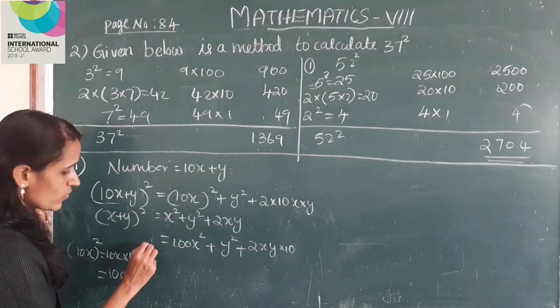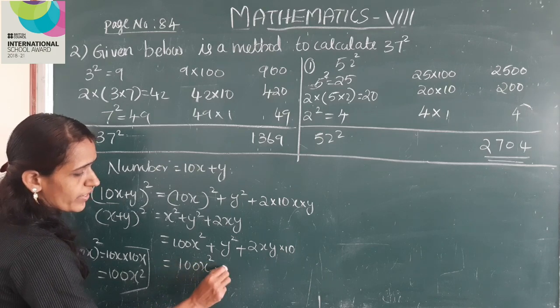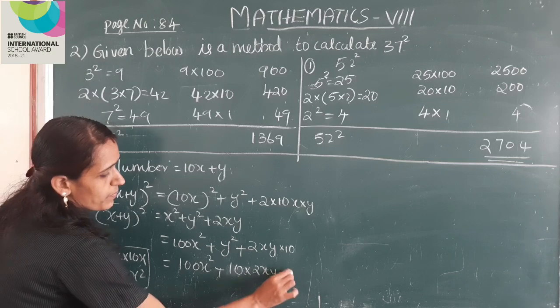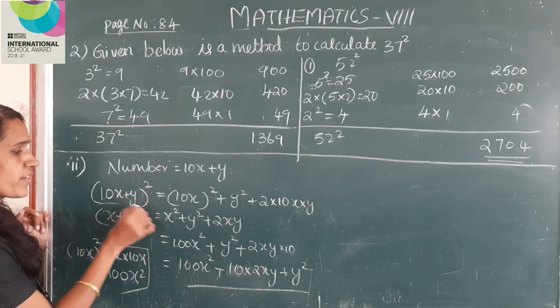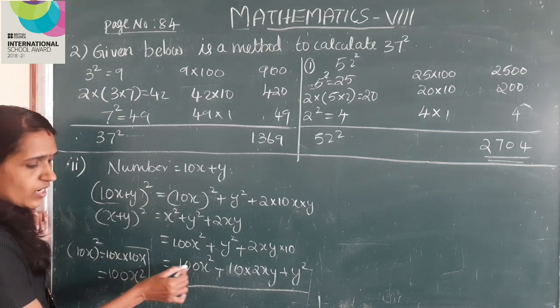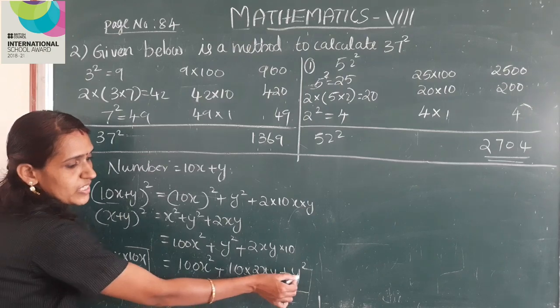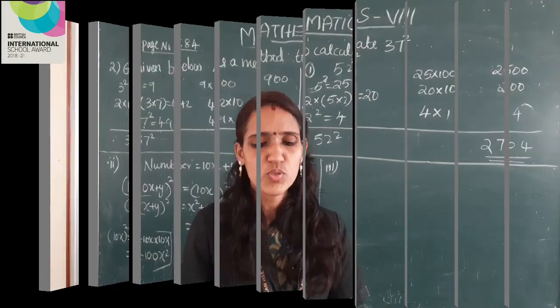This is equal to 100x square plus 10 into 2xy plus y square. So (10x + y) whole square is equal to 100x square plus 10 into 2xy plus y square. Clear children?